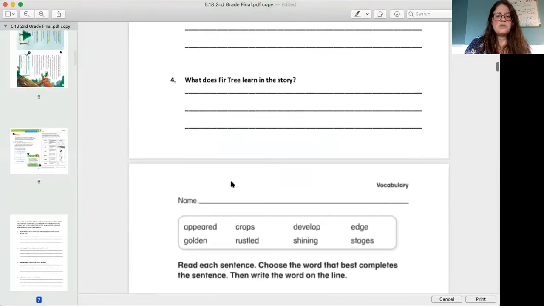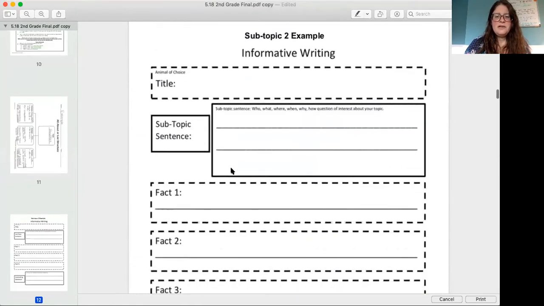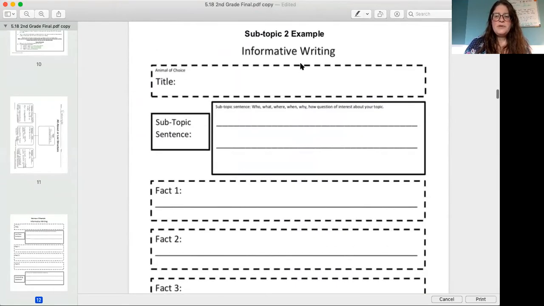So now we're going to move on to writing, and I'm going to share the screen again. And the teachers have made this really awesome graphic organizer. So going right along, here's what it looks like. When you're doing your informative writing, you may have already done a lot of this writing.